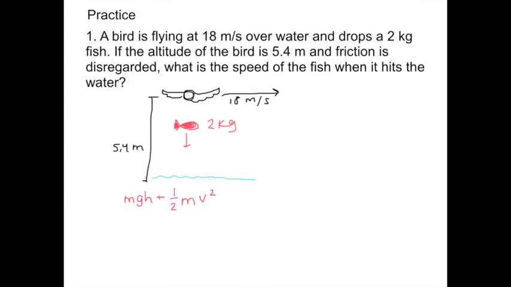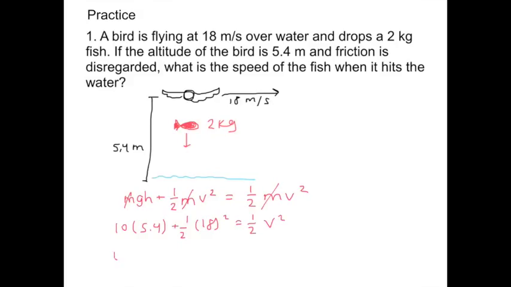We'll plug in those two, and then we're searching for its final velocity, so kinetic energy again. Now we can cancel out the mass of the fish because it's going to stay the same the whole time. We're left with gh, so we'll call that 10 times 5.4 plus 1/2, and the initial velocity is 18 squared. That's going to be equal to 1/2 times the final velocity squared. Now we'll simplify.